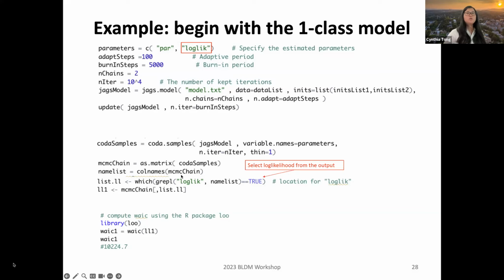Notice that we have to save the log likelihood values, and finally in the loo package, we can calculate WAIC just using the waic function. For this one class model, the WAIC value is 10,224.7.